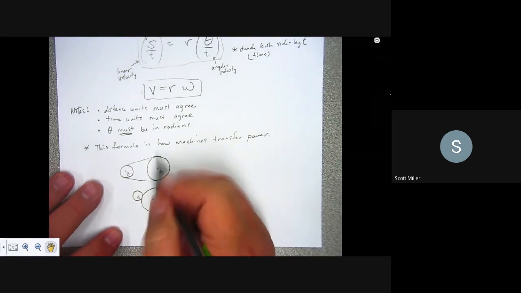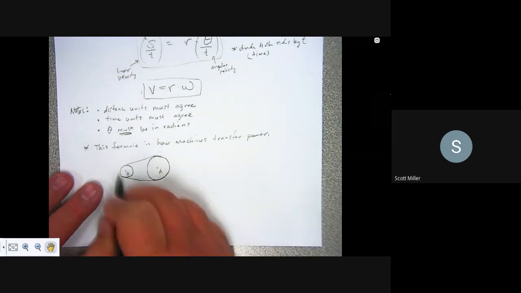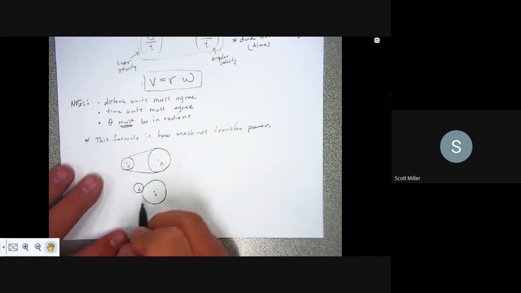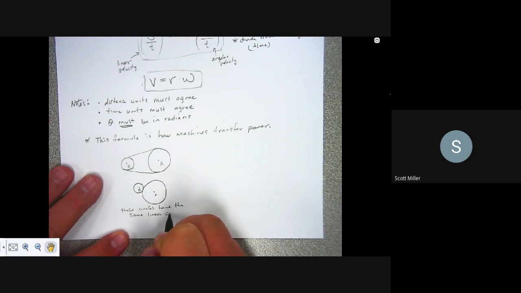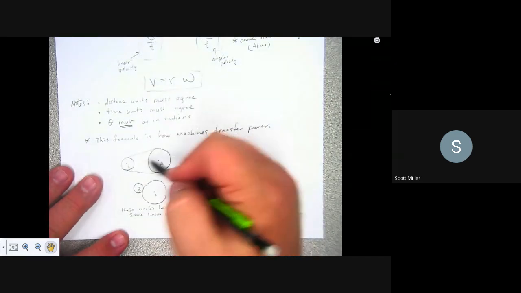In these two scenarios right here, because they touch in some fashion, this one by a belt, this one by actually touching, these circles will have the same linear speed. That means the V part is the same for both of the circles.